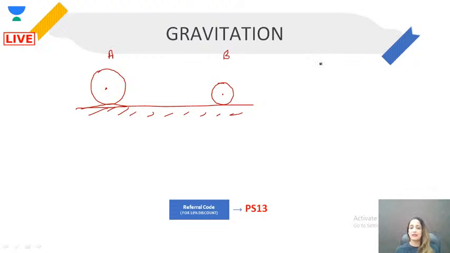We are ignoring the fact that other things are also present and attracting these two balls towards them. We are going to focus on these two balls, A and B. This one has mass M, and this one has a smaller mass m, and there is a distance between them.